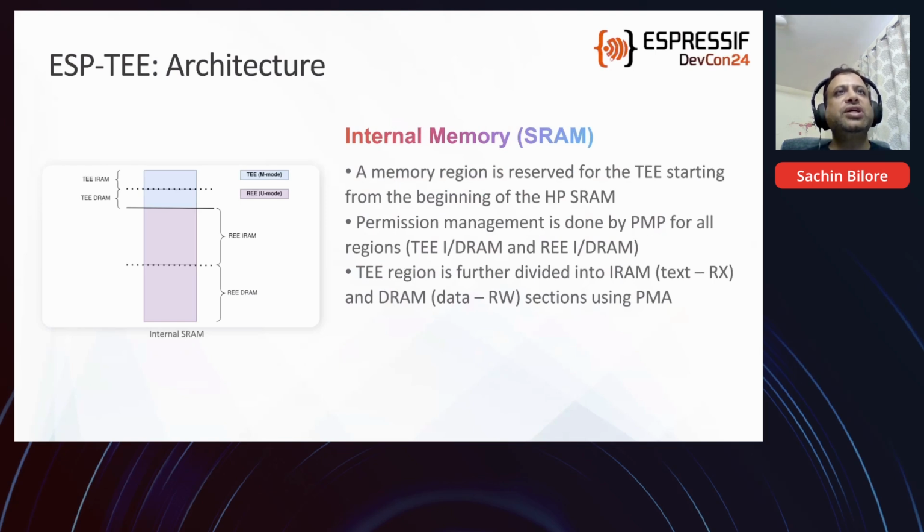These partitions are again internally partitioned to configure the access for text and data sections: text section with read and execute, data section with read and write. Similar configurations are performed for the REE. This isolation boundary doesn't allow the REE to access the TEE protected region.